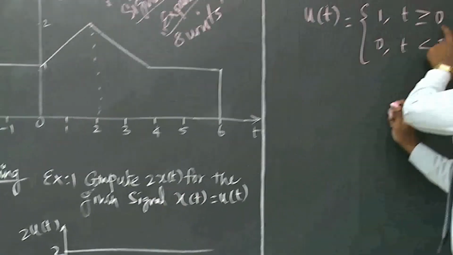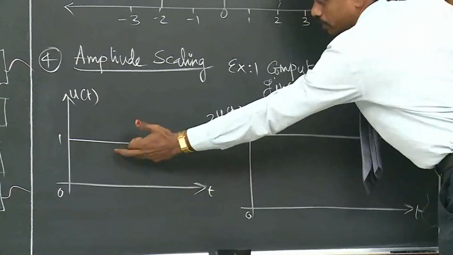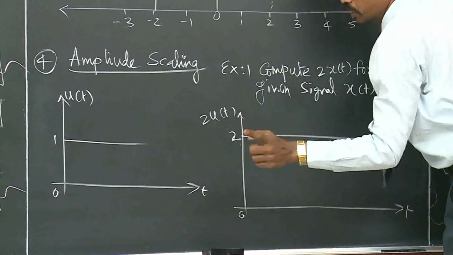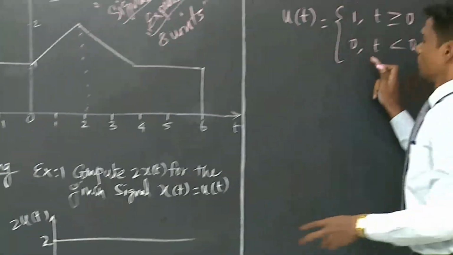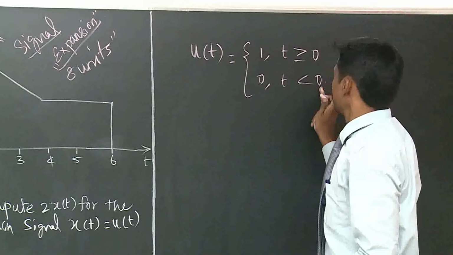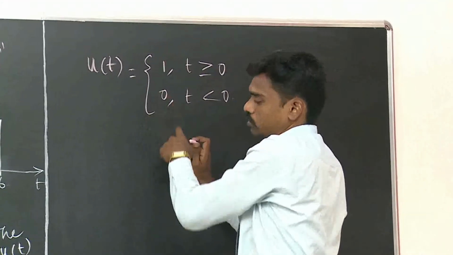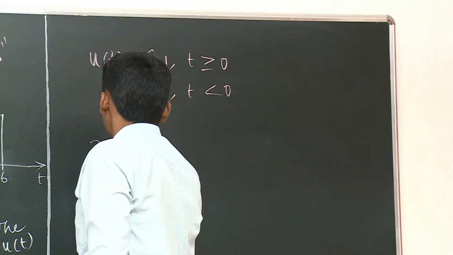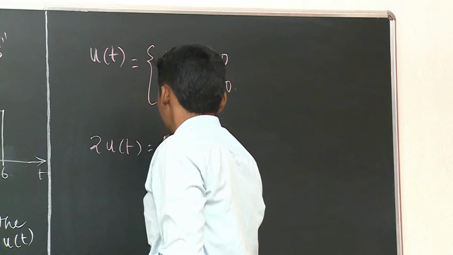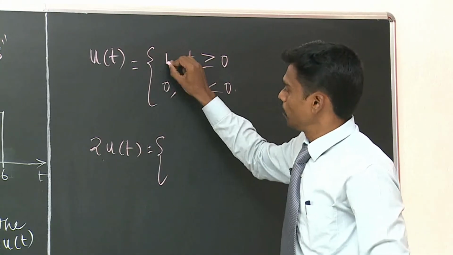1 for t greater than or equal to 0. For positive values, the unit step takes 1 because unit means 1. For the negative limit, when t is less than 0, the u of t value is 0. So if I compute 2 u of t, the amplitude will be multiplied by 2.